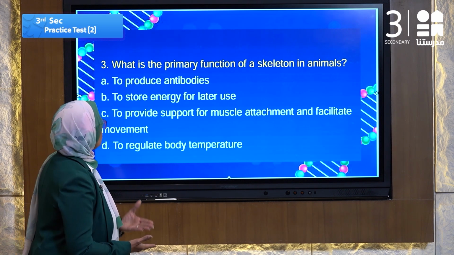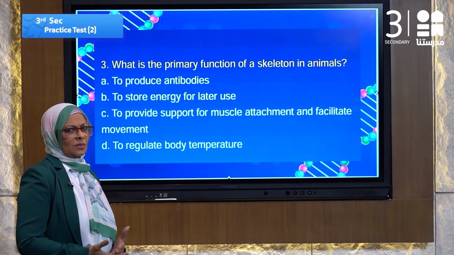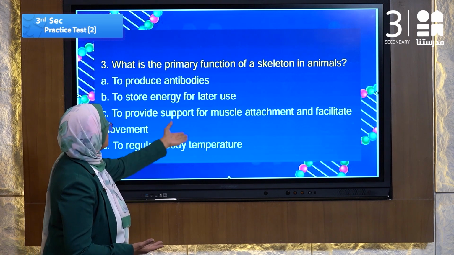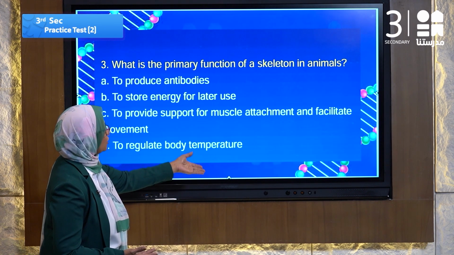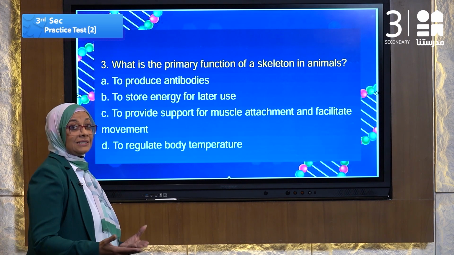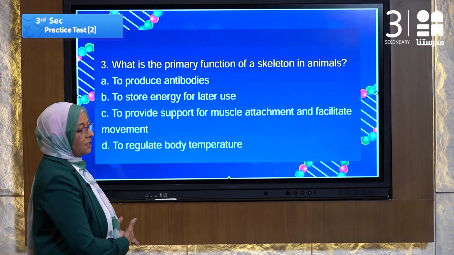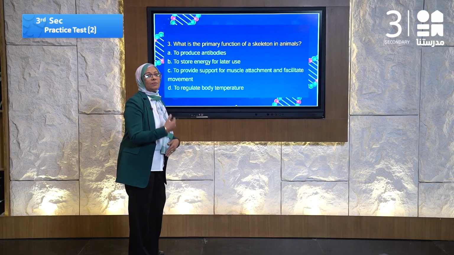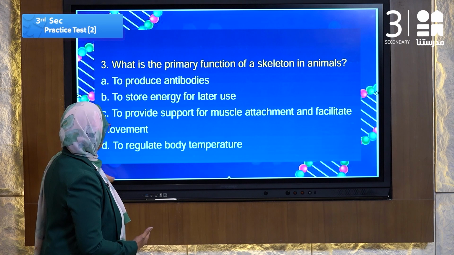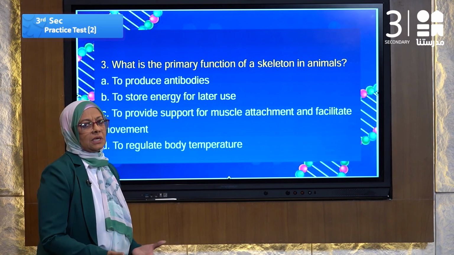B, to store energy for later use. No, I don't think so. Number C, to provide support for muscle attachment and facilitate movement. Yes, that's the skeleton. After reading the choices, we will return to the question to read it again. Number D, to regulate body temperature. It's not from the skeleton.